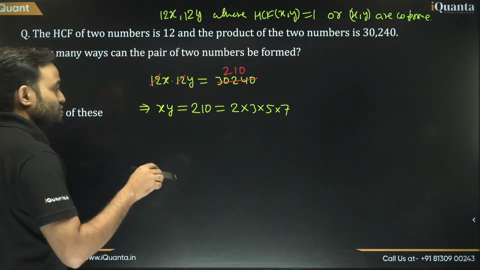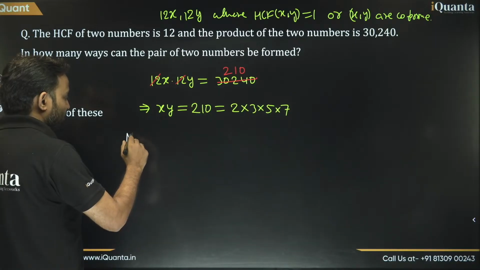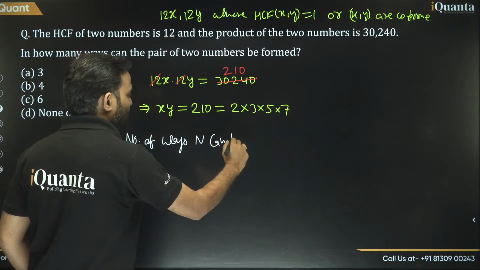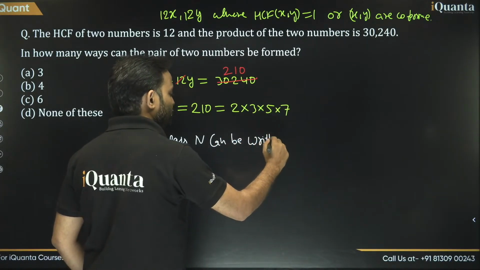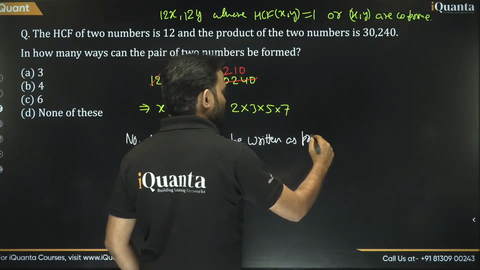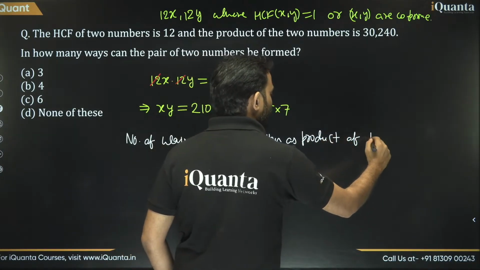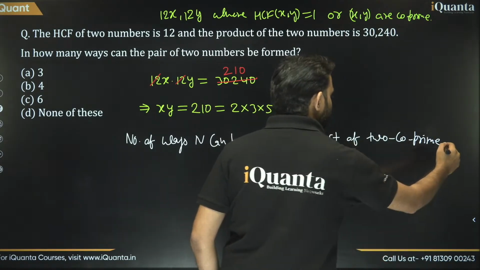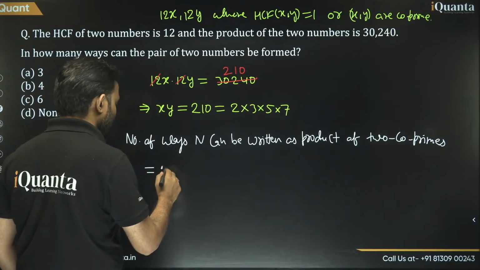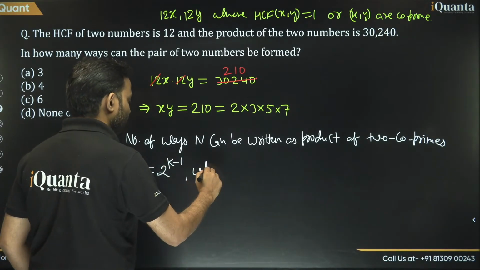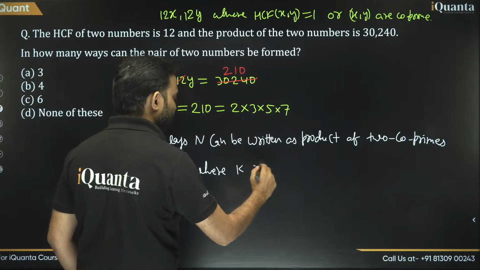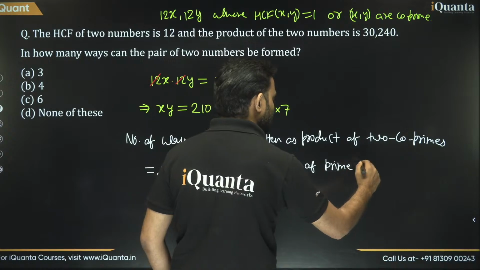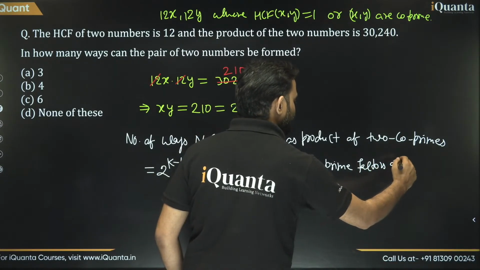For that, you can use a direct shortcut formula: the number of ways n can be written as a product of two co-primes is equal to 2 to the power k minus 1, where k is the number of prime factors of n.